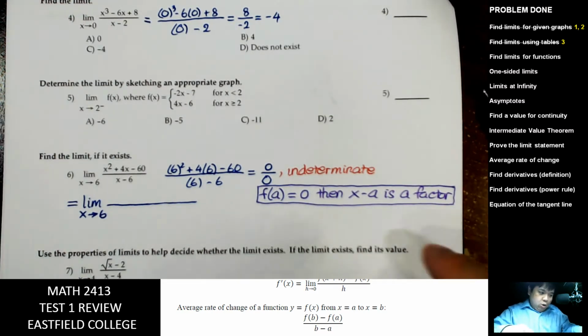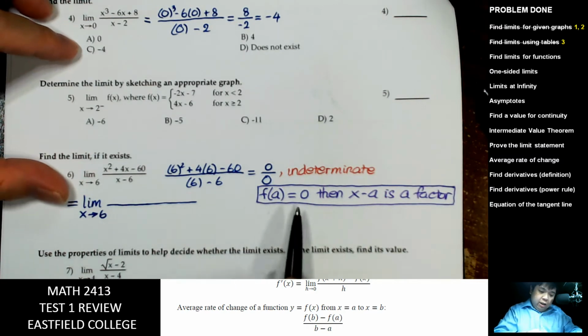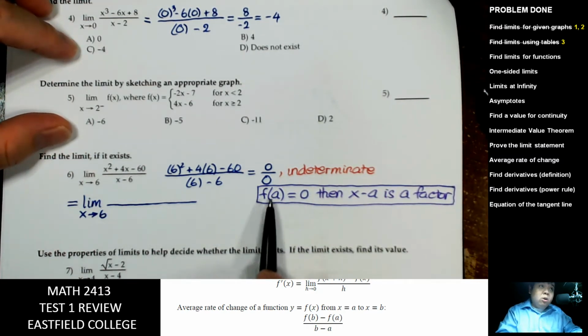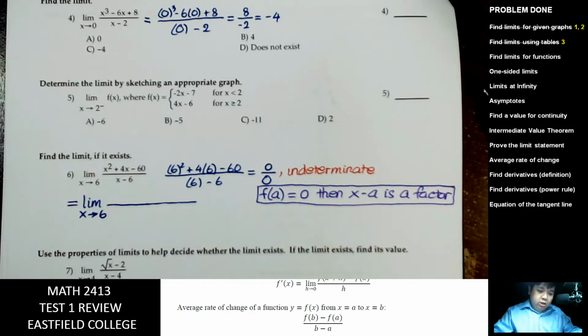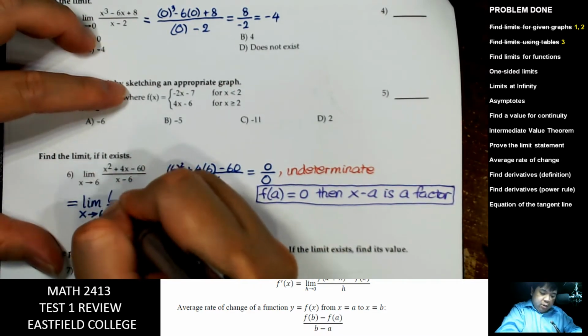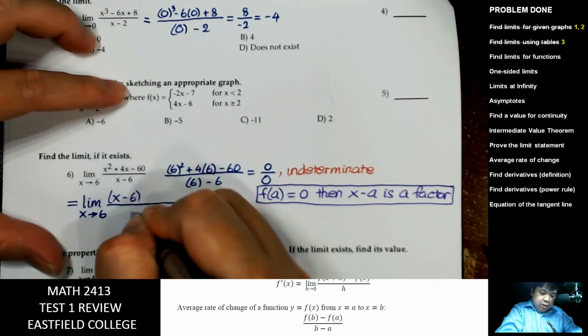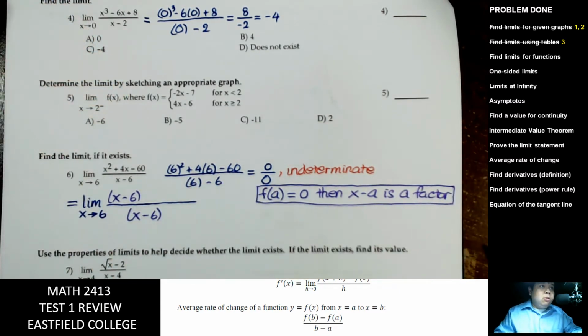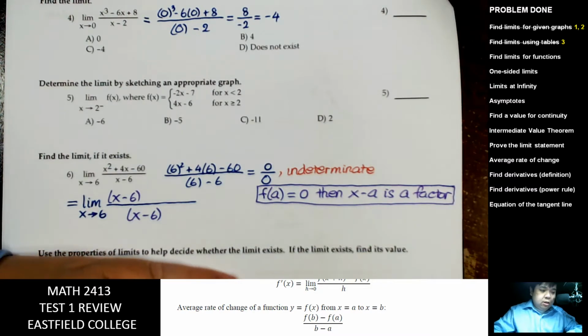Right. So both of them will have x minus 6 because the value is equal to 0 when x equal to 6. So we're going to have x minus 6 top and bottom. Right.